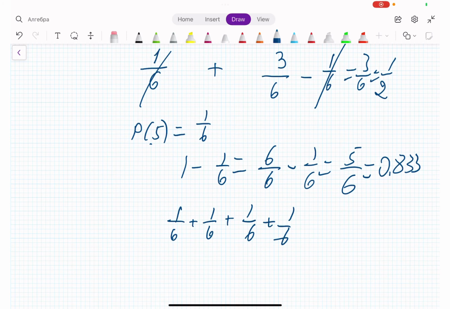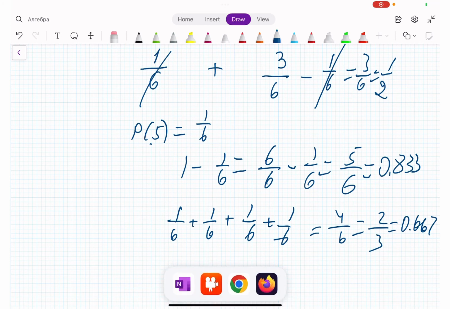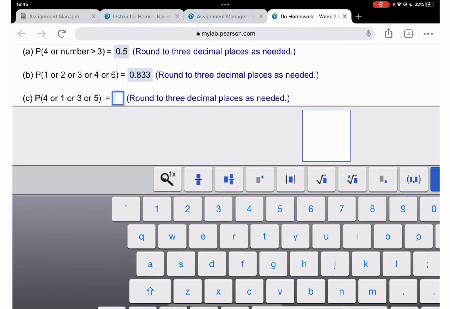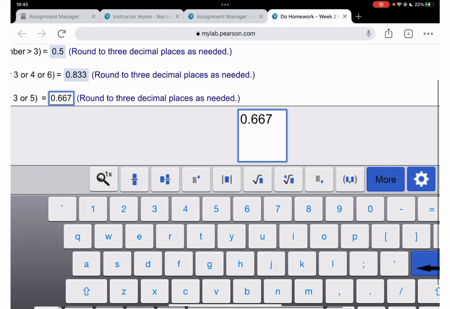And since the denominator is the same, we are adding numerators, 4 over 6 or 2/3, and that will give me 0.667. Okay. 0.667.